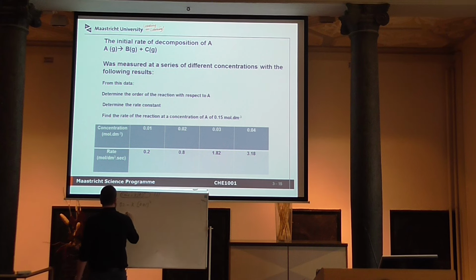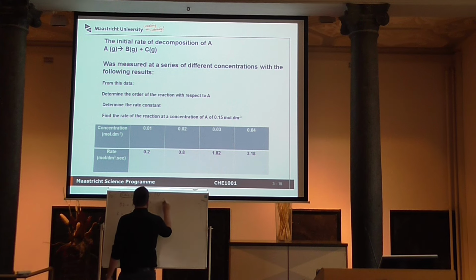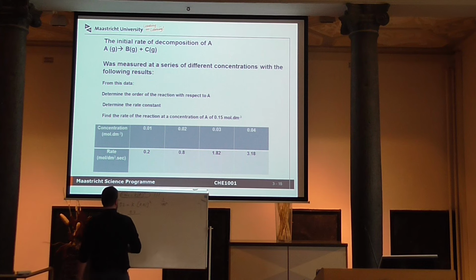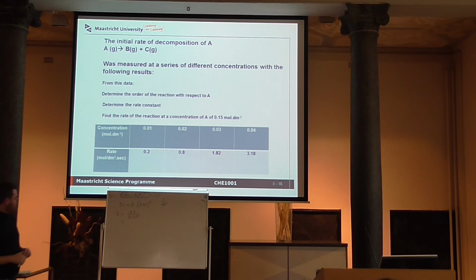So K is going to be 0.2 over 0.01 squared. Can someone calculate that?